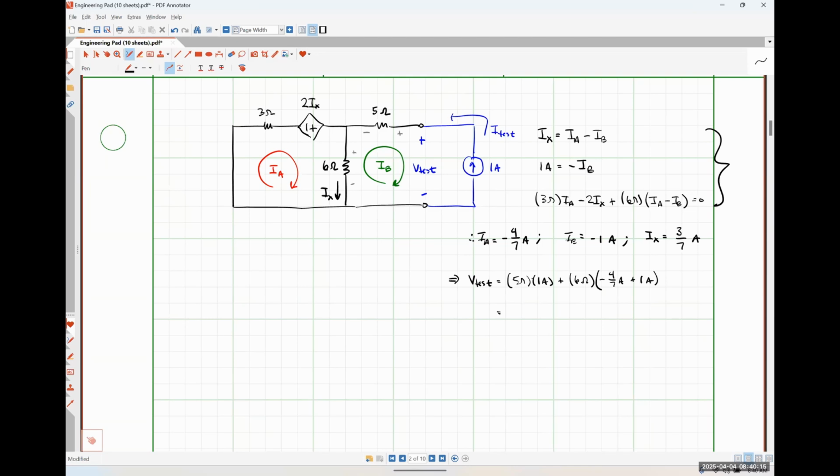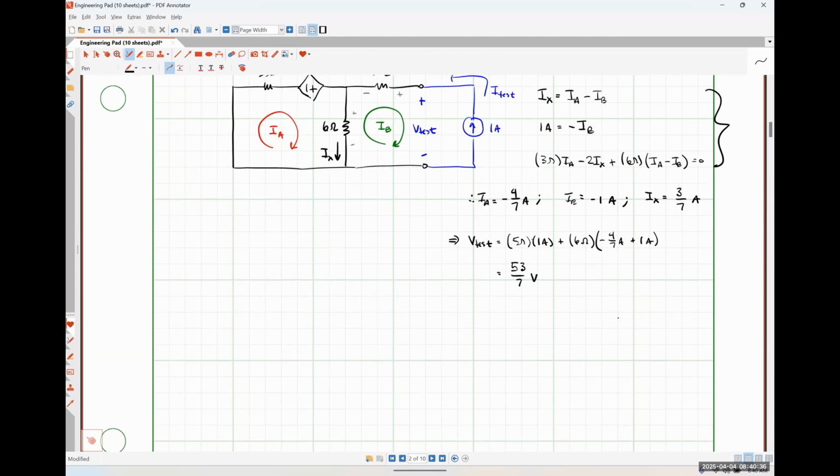So 5 plus 6 times (A minus B). I got 53/7 of a volt.